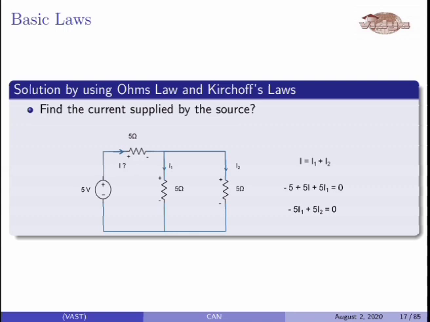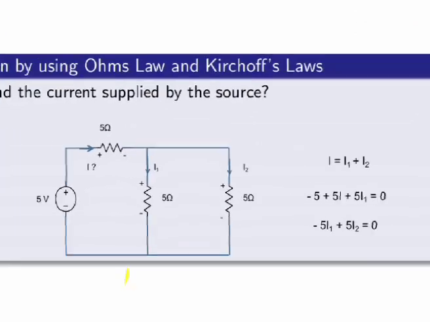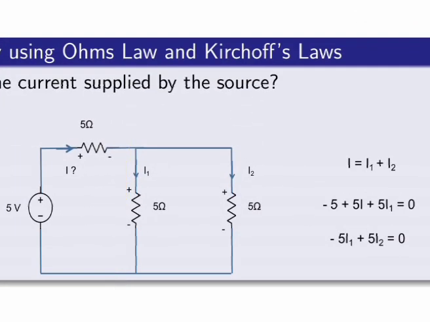Actually, you can simply write the Kirchhoff voltage law by using a simple technique. If you consider the first mesh, that is this one, how to write KVL in a faster way?